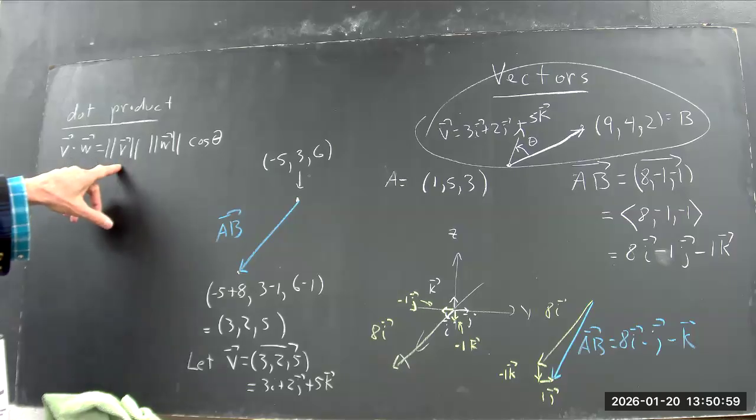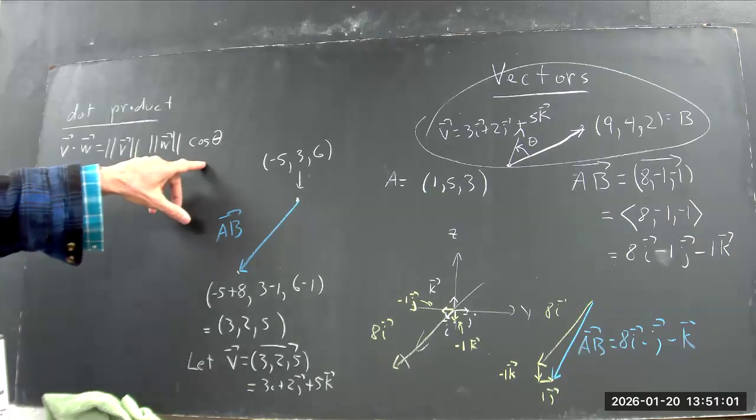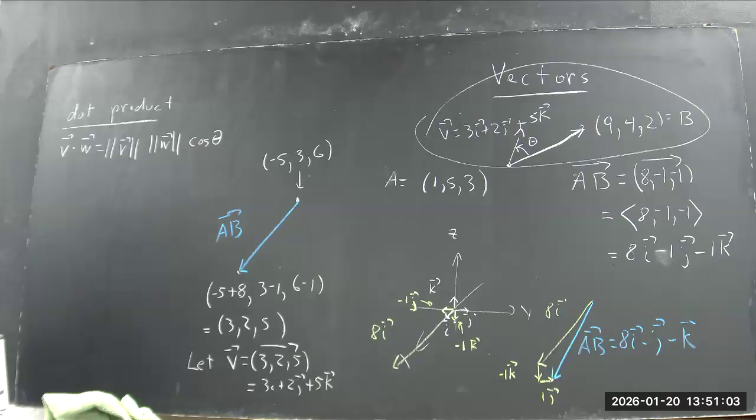The dot product of two vectors is the magnitude of one times the magnitude of the other times the cosine of the angle between them. Okay. Now, dot product is really easy to calculate.